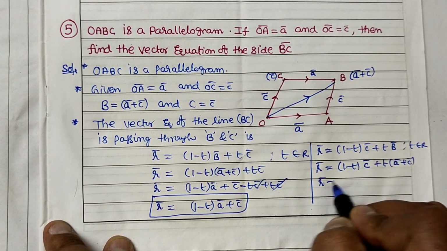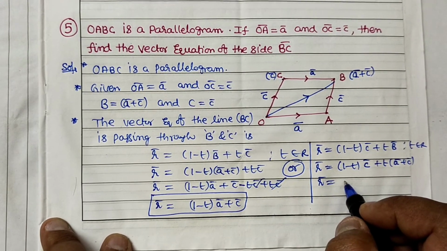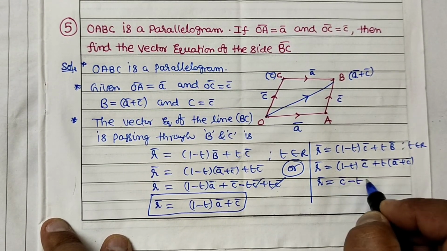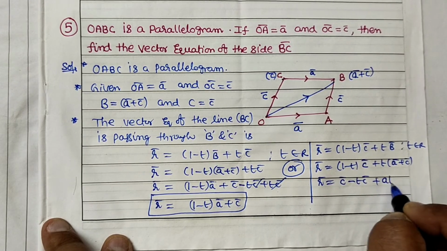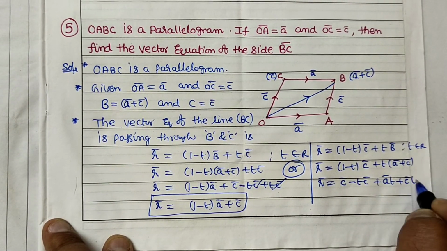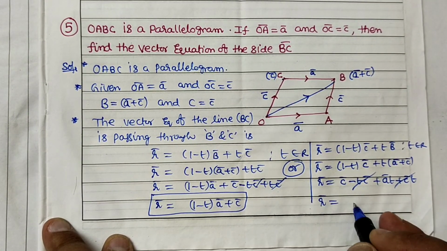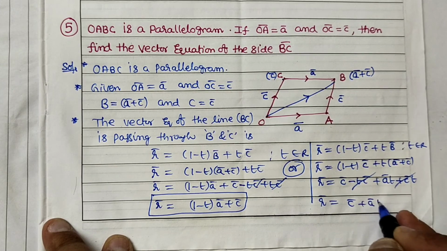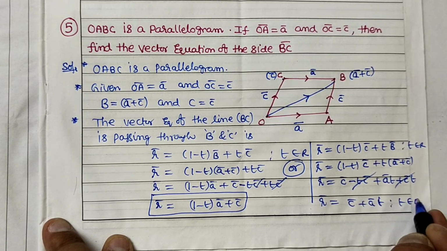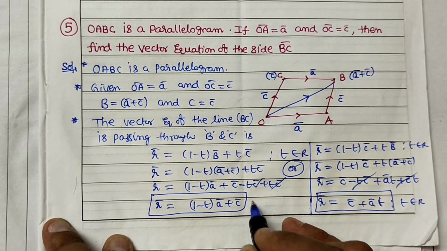If you simplify, R bar equal to C bar minus TC bar plus TA bar plus TC bar. These two will be cancelled. So R bar equal to C bar plus T A bar, where T belongs to R. Both answers are correct, either this answer or this answer.